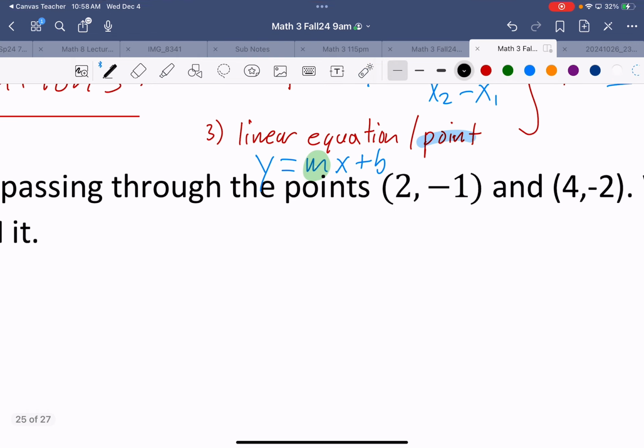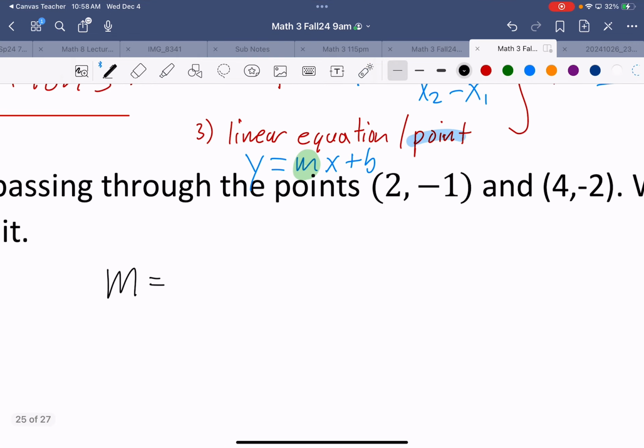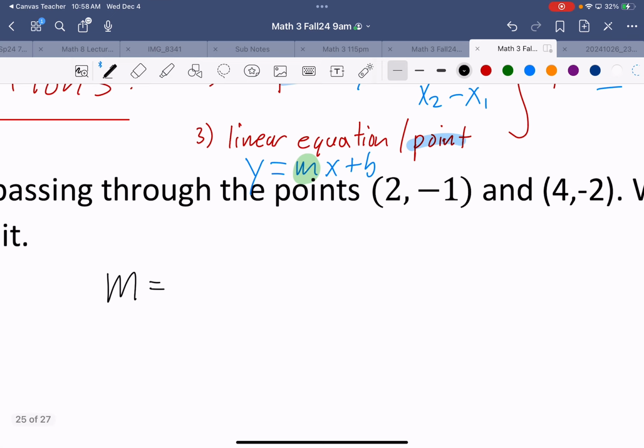This x and y are from the same ordered pair. So when I go and find my slope from these 2 points, I write, so I have to find this is x, that's y. This is x, that's y. Again, but they're from different points, of course.